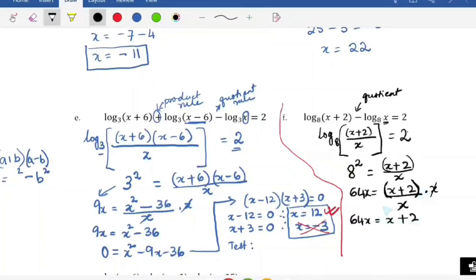And now we can solve for x. So get all the x terms on one side. So we will have 64x minus x equals 2. So this is 63x equals 2. Therefore, x is 2 over 63. All right.